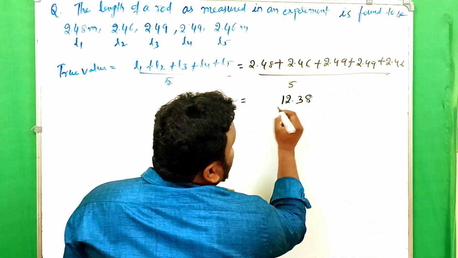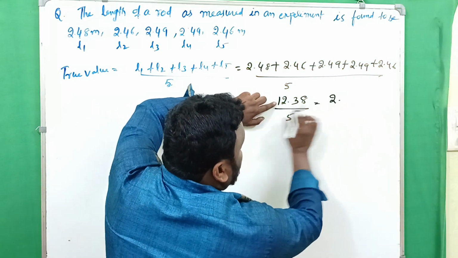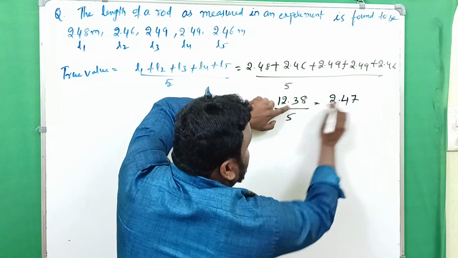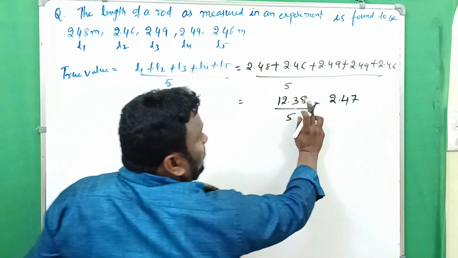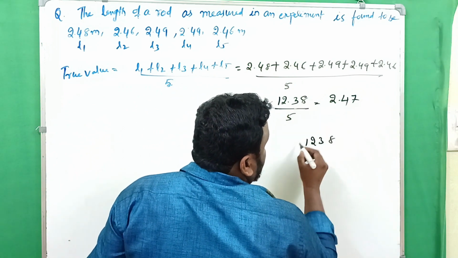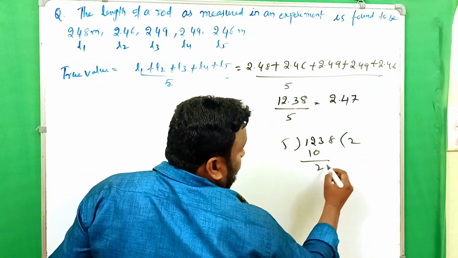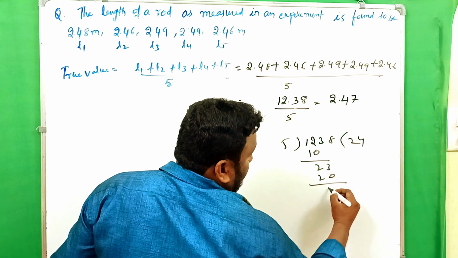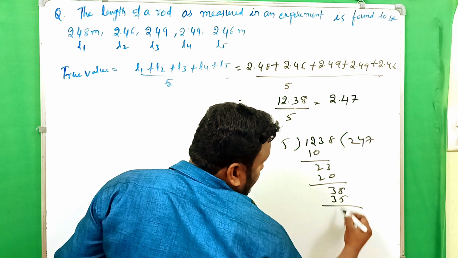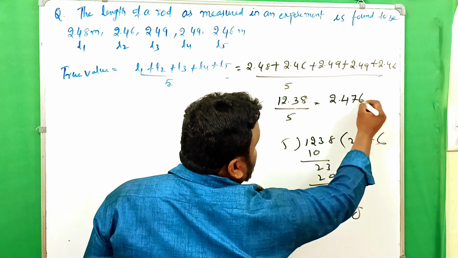So 12.38 by 5. 5 4s are 20. Again 5 7s are 35. So we get 2.476.